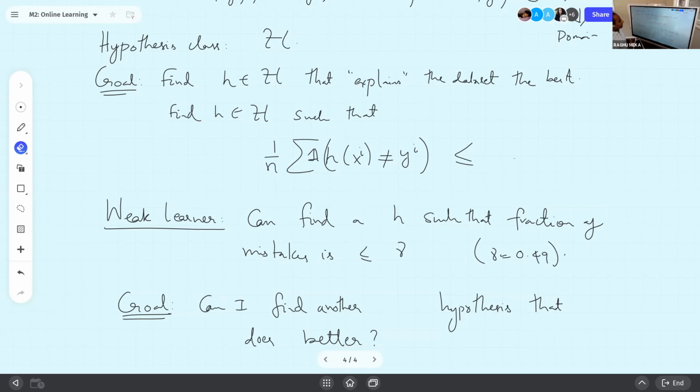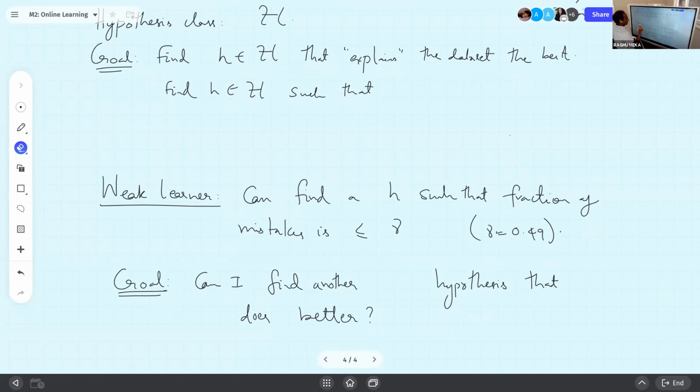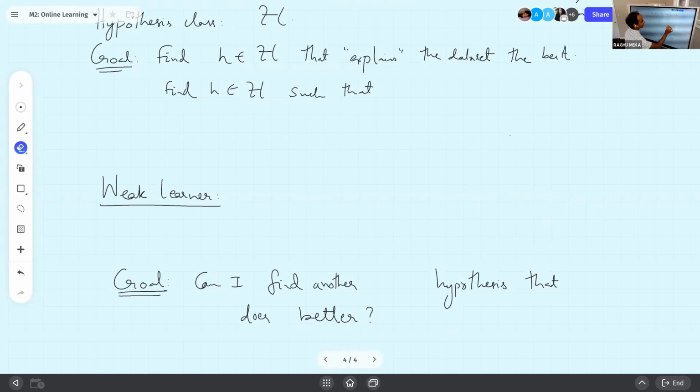So the assumption is the following then. We're going to change the assumption to capture the fact that our weak learners can focus on different parts of the data set. In particular, maybe you can say, if I take any subset of the data set, I can still find something which gets 51% accuracy.